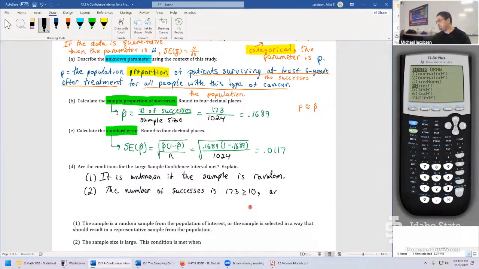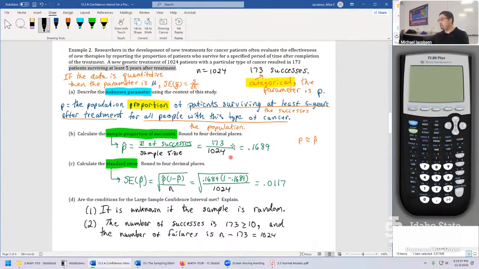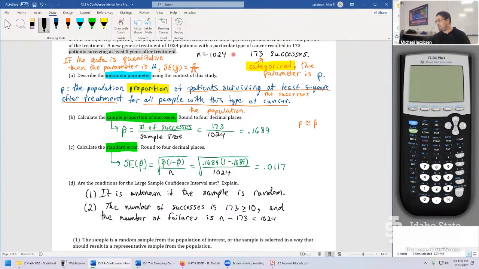And the number of failures is, we can take the sample size, n, minus the successes, 173, because there's only successes or failures. So the sample size was 1,024. We can read it from this number n going over to here for the 1,024, or scroll up just a little bit more.